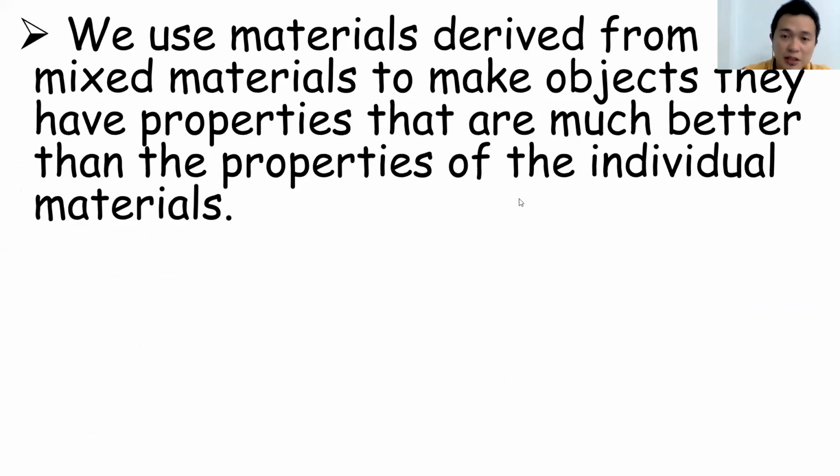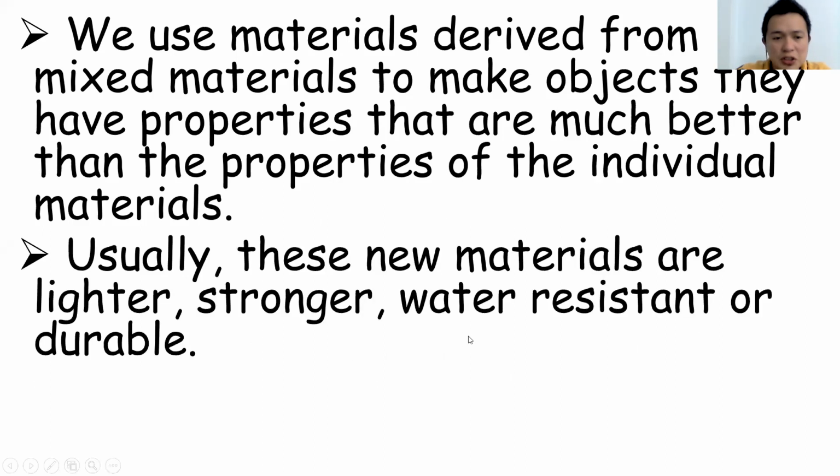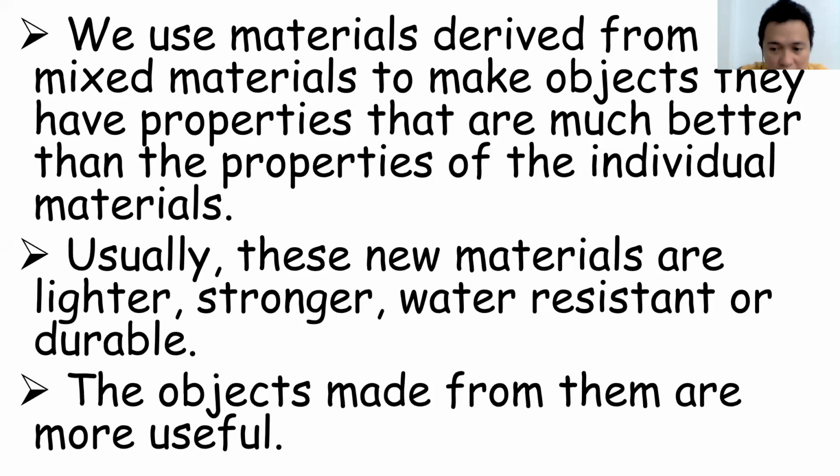Like for example, what I have told you, the sand, the cement, and the water, you are going to mix them up in order to have a very good concrete. Usually these new materials are lighter, stronger, water resistant, or durable. See that? The objects made from them are more useful.